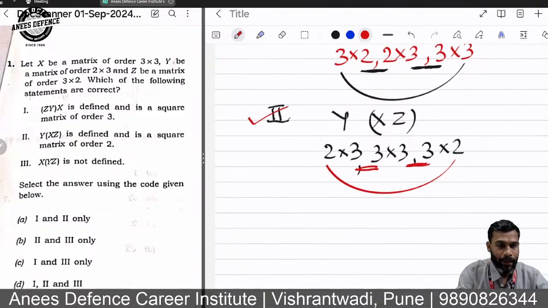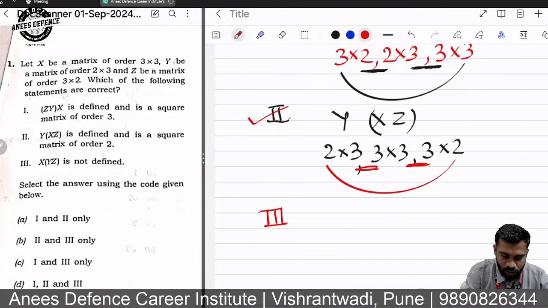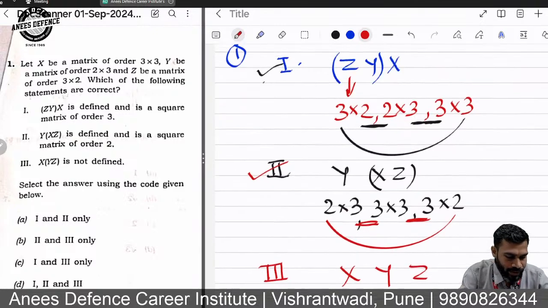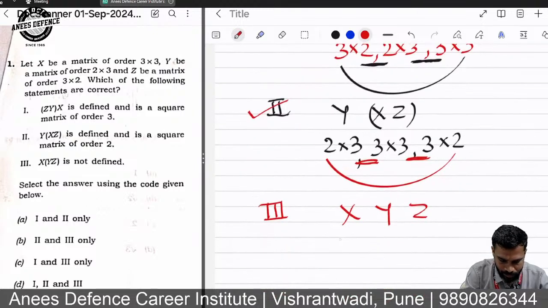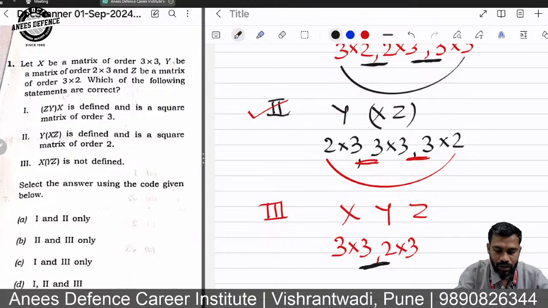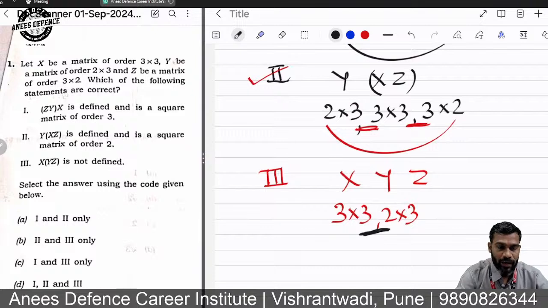Now the third one, X, Y, Z is not defined. This is given. So let us check. The order of X is already given, 3 by 3. The order of Y is 2 by 3. You can see here it is not possible, because the number of columns in the first matrix, X, is 3, and the number of rows in the second matrix, Y, is 2.